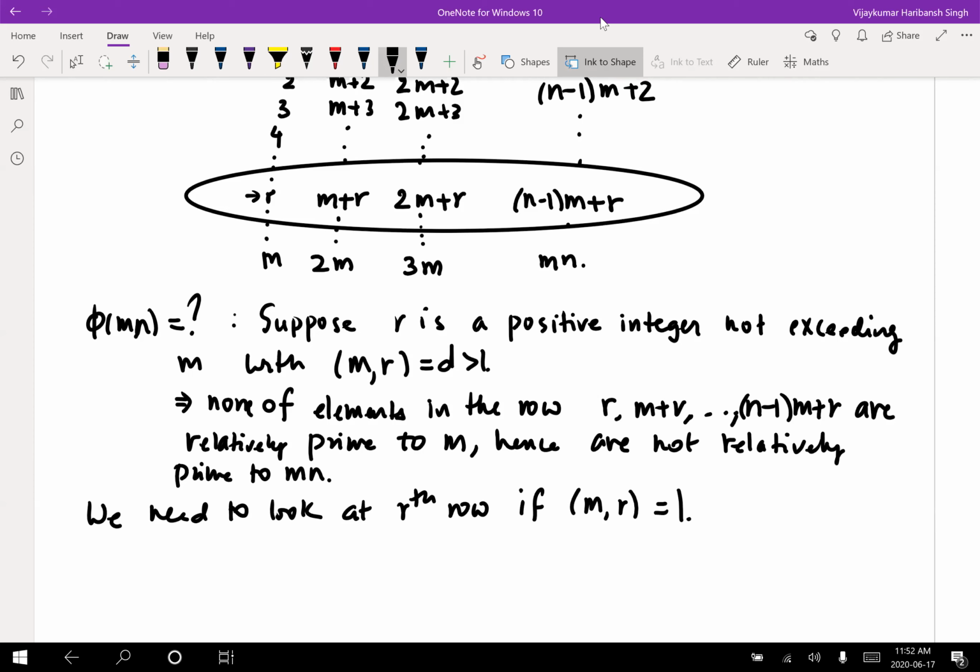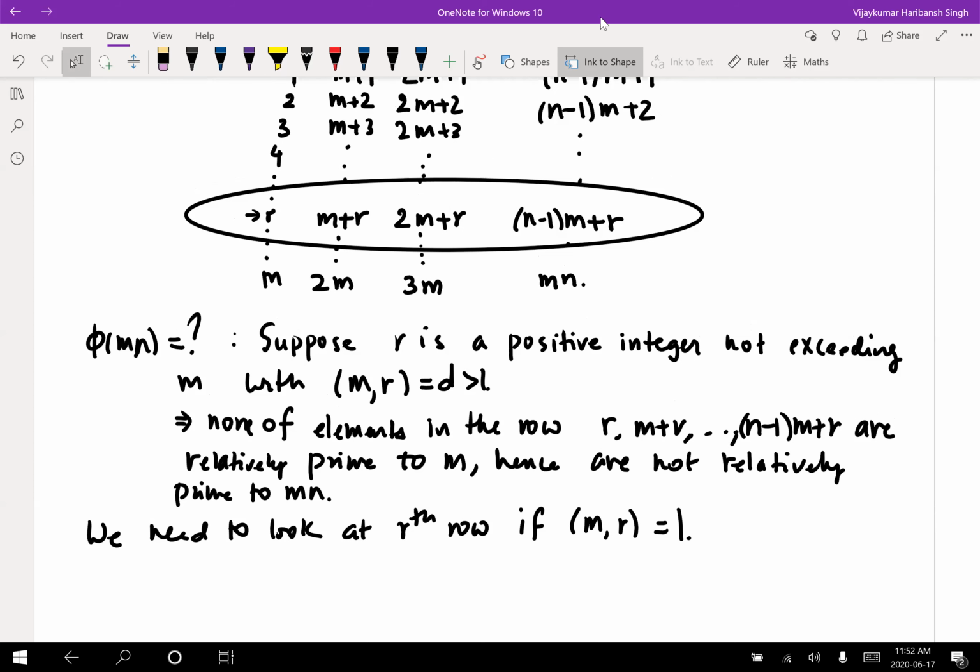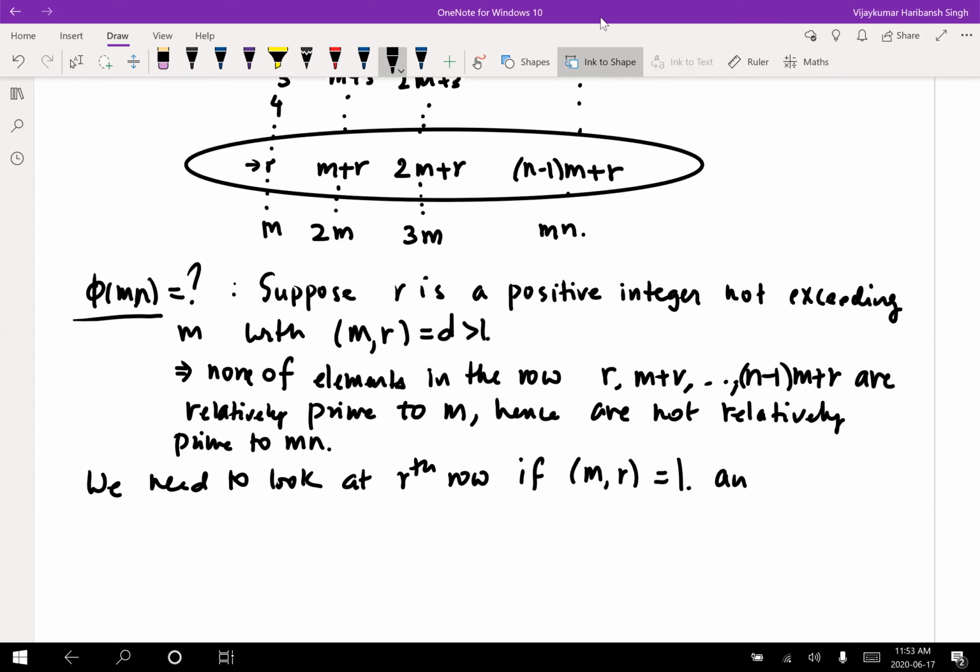Those for sure are the only ones that have a chance to show up in the integers which are coprime with mn. Okay, so how many of these are there? There are phi of m of these rows.